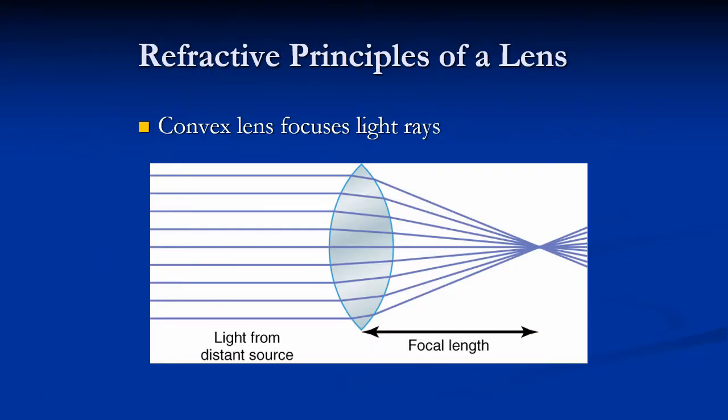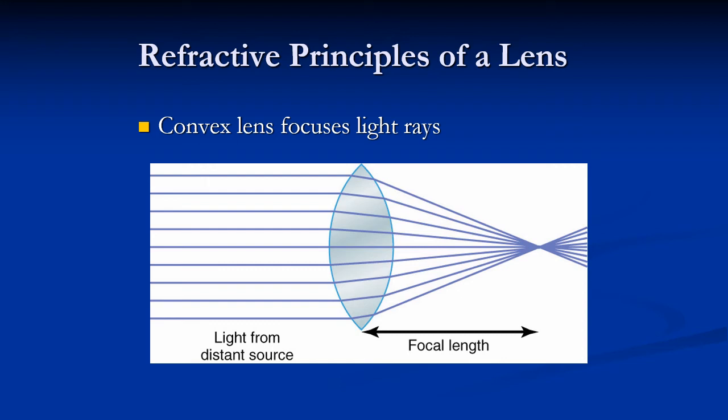Then what is the refractive principle of a lens? The convex lens focuses light rays. Light from a distant source will be focused at a particular point, and the distance from the center of the convex lens to the focused point of the light rays is called the focal length of that convex lens. That focal length is depicted as a dioptric value.